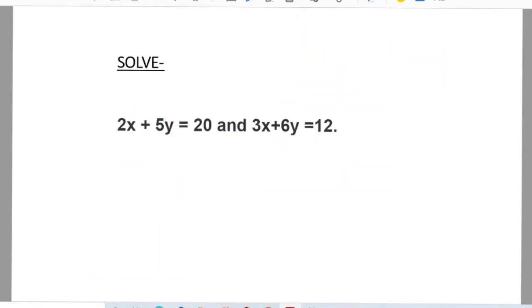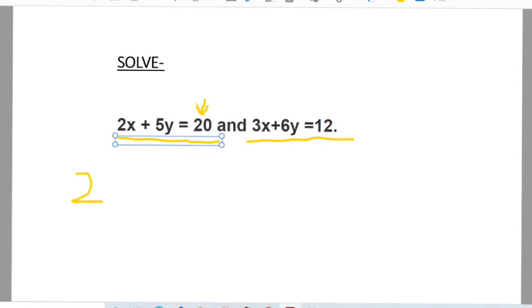Now what you need to do: in this question, we have two equations, and we again have to solve this. One more thing we can do for convenience is put this value to the left of the equals.